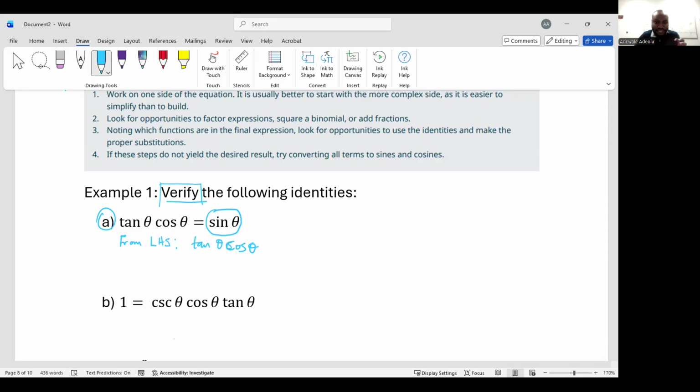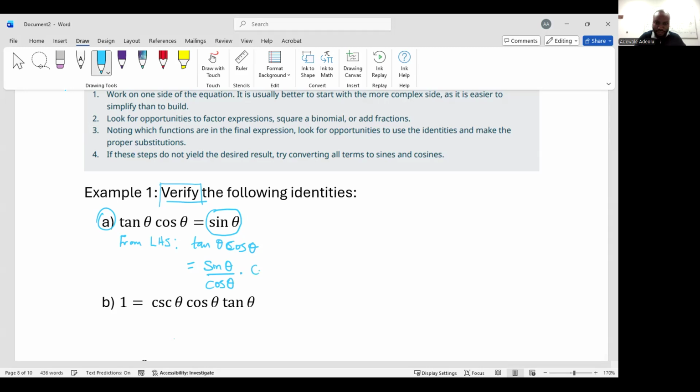Okay, this left-hand side, which is tangent of theta times cosine of theta, is the same thing as, now I need to go back to the basic identities I know. I use that to simplify this. Well, I know that tangent of theta is the same thing as sine of theta divided by cosine of theta.